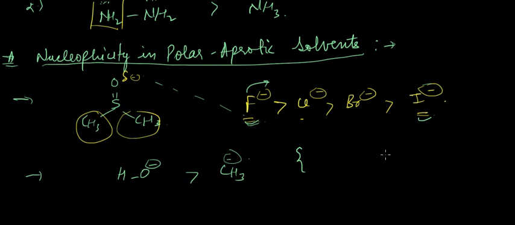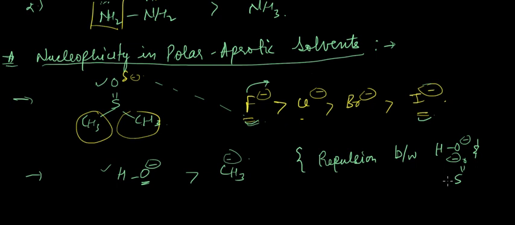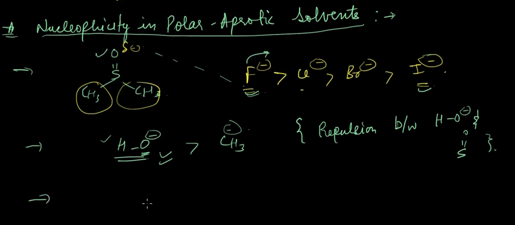Because between this O and this O, they will have more repulsion because of the smaller size of O and relatively the same electronegativity, compared to O and S. So due to the repulsion between OH and the other O, it should be delta negative, so it would show more nucleophilicity. Okay, but the order was actually just the reverse in polar protic solvents.